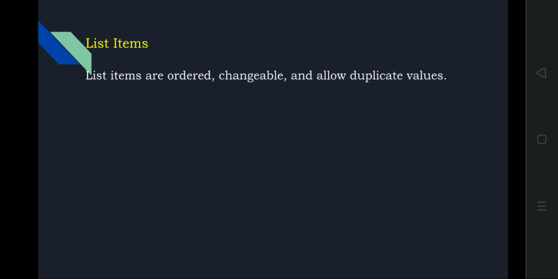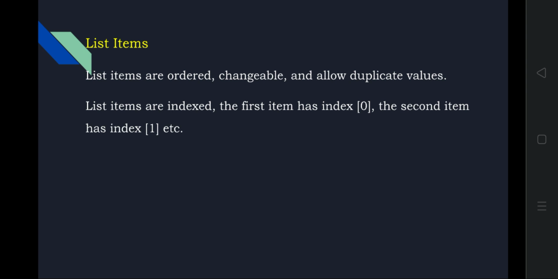And before that, the items. The items are ordered, changeable and allow duplicate values. What it means is that list items are indexed. Indexed means the first element has the position value 0, the second element has the position value 1, the next has the position value 2, and so on. That means every element is indexed and they are ordered.